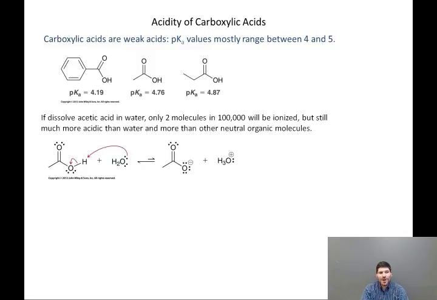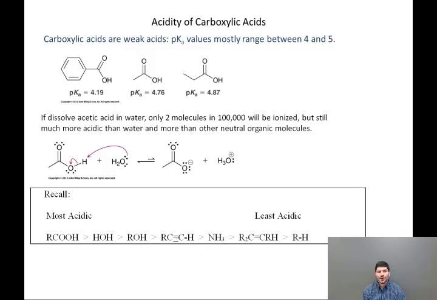So what does this mean? Well, if we dissolve acetic acid in neutral water, only 2 molecules in 100,000 will be ionized. Okay, but this is still a much stronger acid than water, which has a pKa of 16, or ethanol, which has a pKa of 16, and also more acidic than most other neutral organic molecules that we have encountered or will encounter in this course.